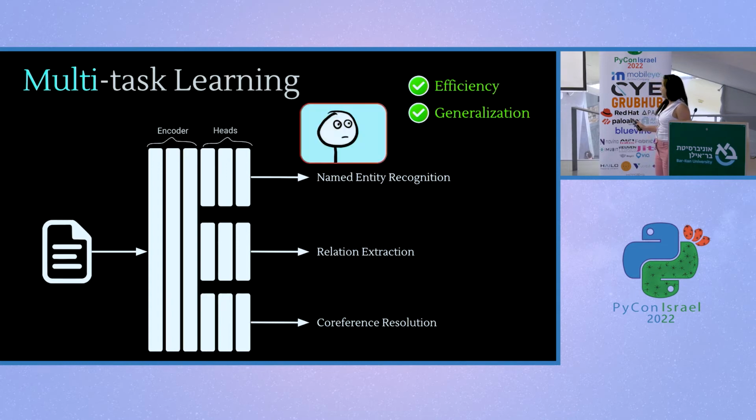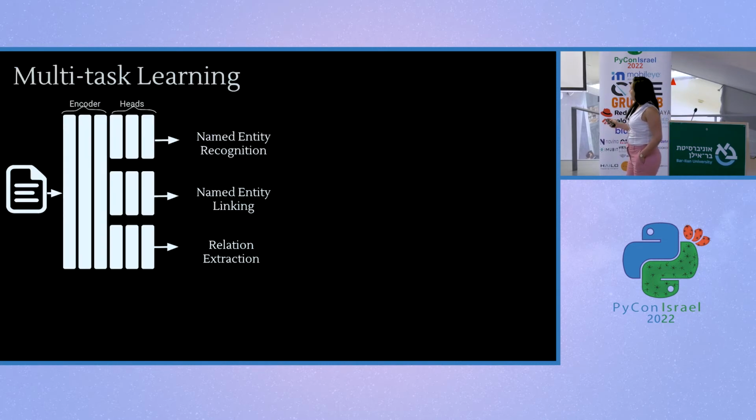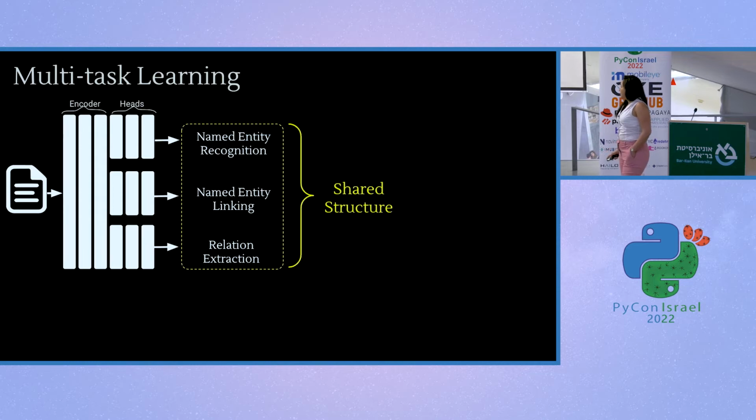But it's not guaranteed. The idea of multitask learning sounds intuitive and promising, but it doesn't always work well. The reason is that we have a critical assumption here, that the tasks we are trying to learn share some structure.